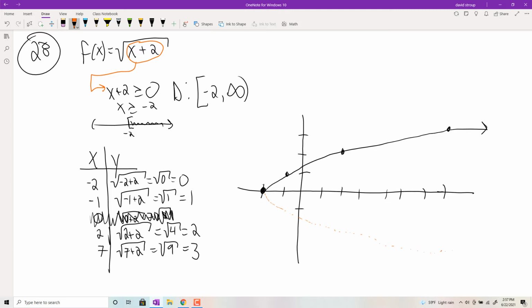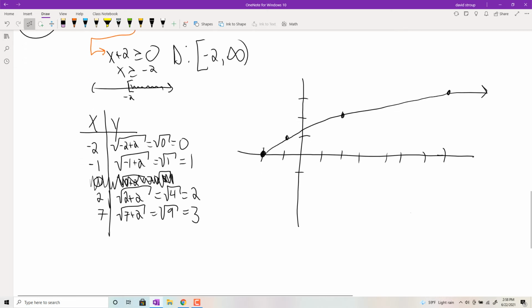Because we're dealing with the principal square root, we don't have this other red part that I just dashed in, but I'm trying to guide you towards the square root function, and noting that it's really just the top half of a sideways-facing parabola. Hopefully that's clear. Anyways, there it is in all of its glory.